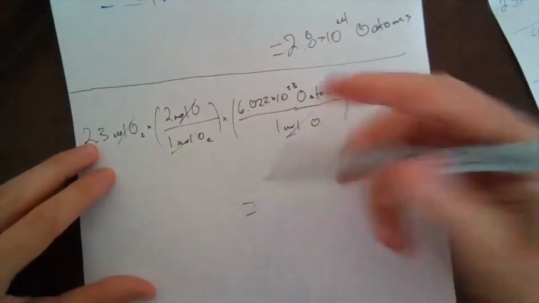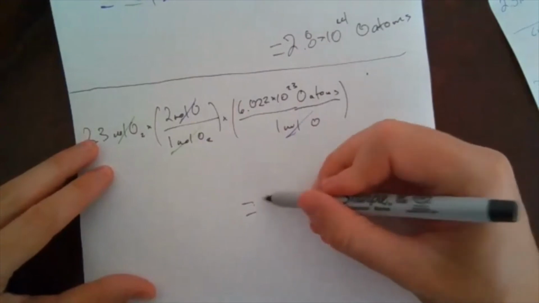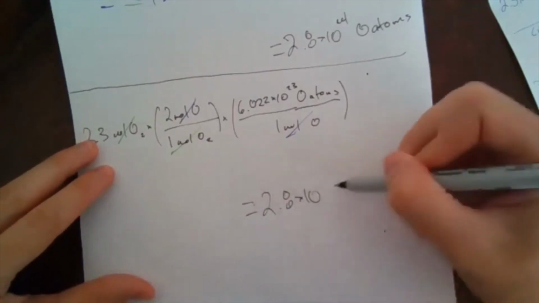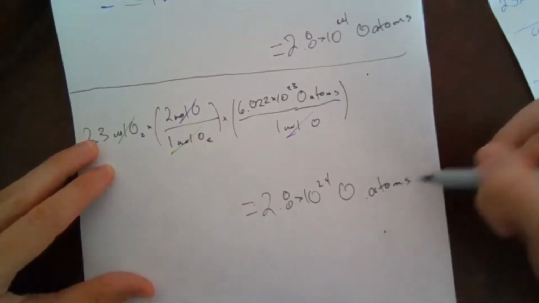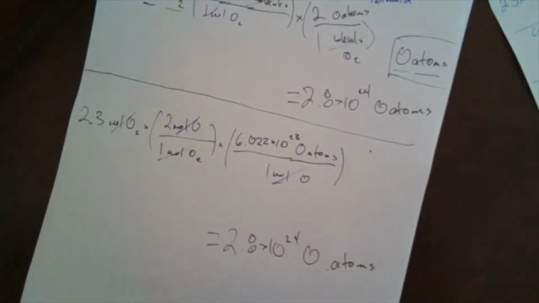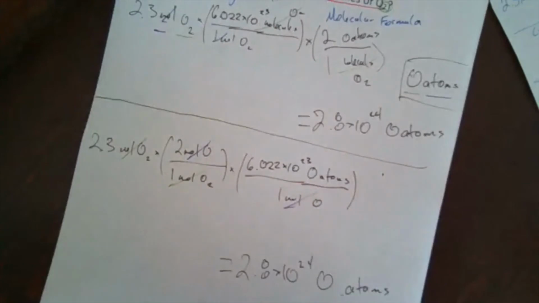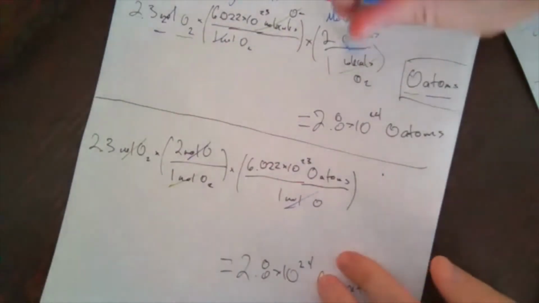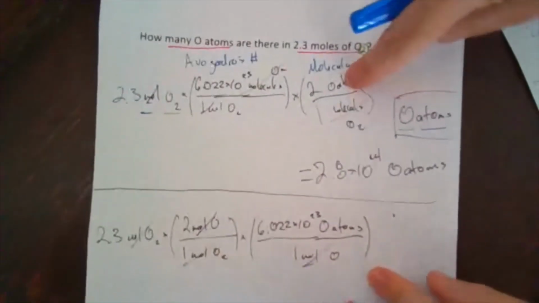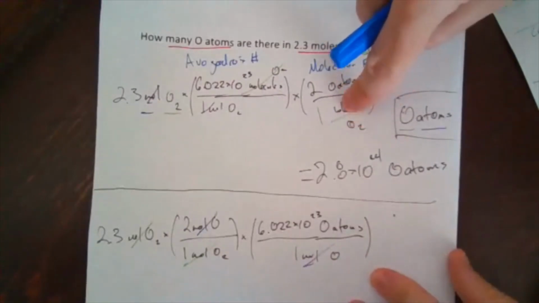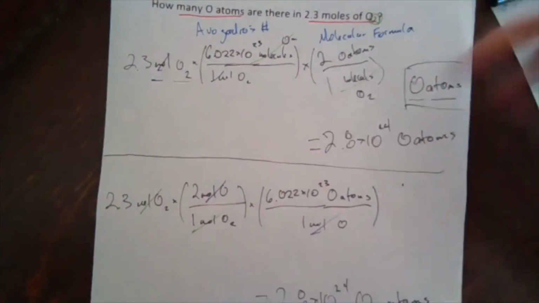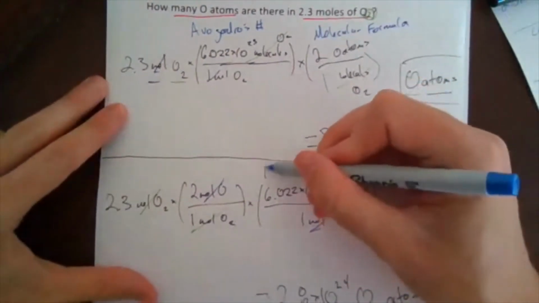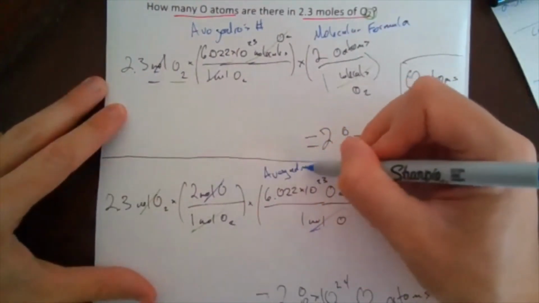So I get the exact same answer out of it, 2.8 times 10 to the 24th O atoms. And we just rearranged it. We can use the fact that the molecular formula, which we did on atoms and molecules up here, still works on moles, that we can do it right here. So we're using the same tools, just in a different order.